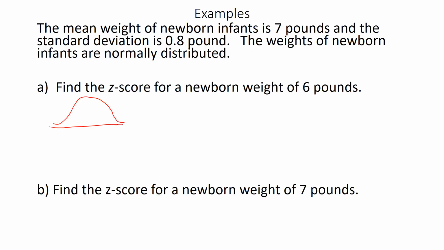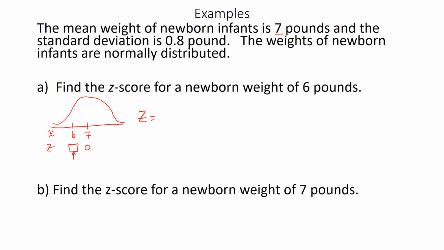Remember, our z-score is 0 for the mean, and the mean weight of the newborn is 7 pounds. Since 6 pounds is below the mean, the z-score will end up being negative.